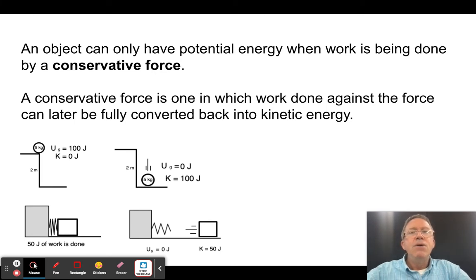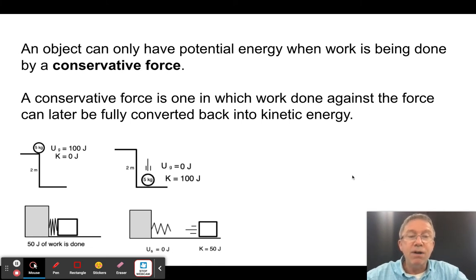Now, when an object can have potential energy, we say that the force that was being applied must be what we call a conservative force. So a conservative force is one in which the work done by that force can later be fully reconverted back into kinetic energy. So it can be, we say, recovered completely as kinetic energy.